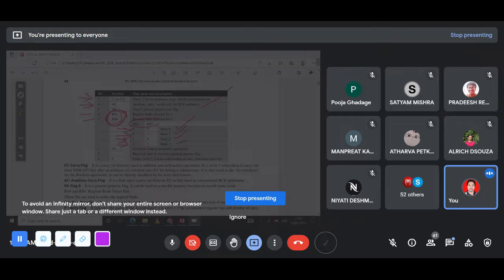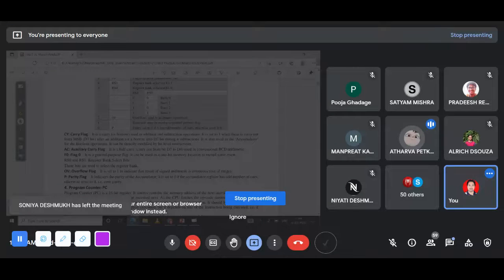That is why by default we are dealing with register bank 0. But if I want to use registers from another bank, in that case you have to set and reset the values of RS0 and RS1. Any question in this? Okay, so we will proceed further.